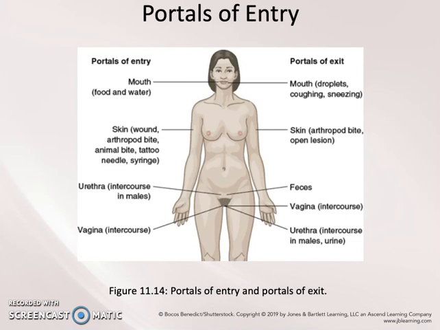These hospital-acquired infections, otherwise known as nosocomial infections, can include things like catheter-associated urinary tract infections, central line-associated bloodstream infections, surgical site infections, and ventilator-associated pneumonia.